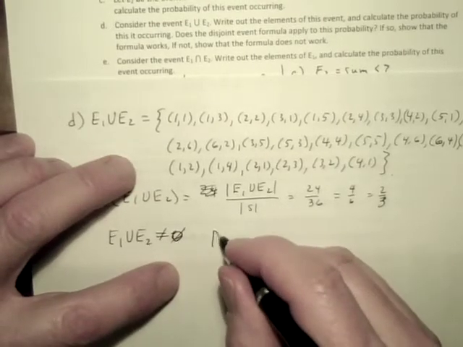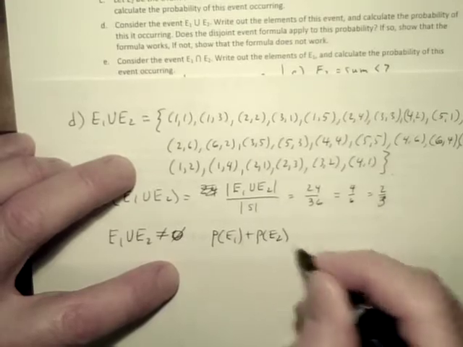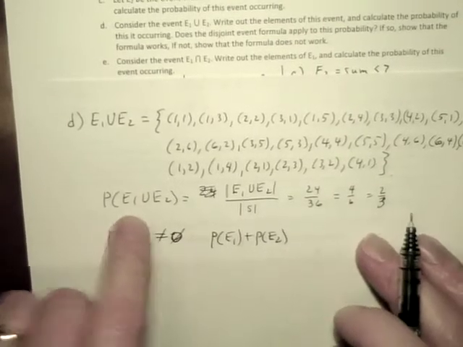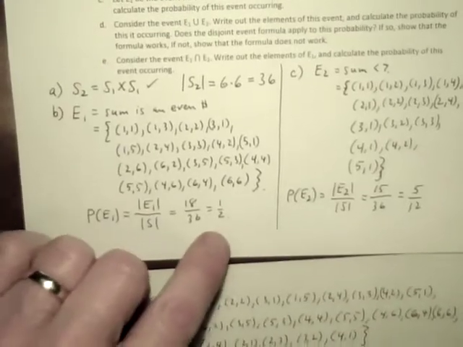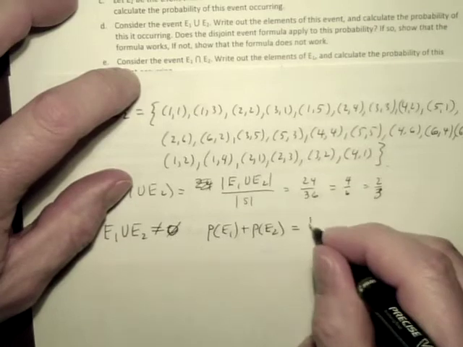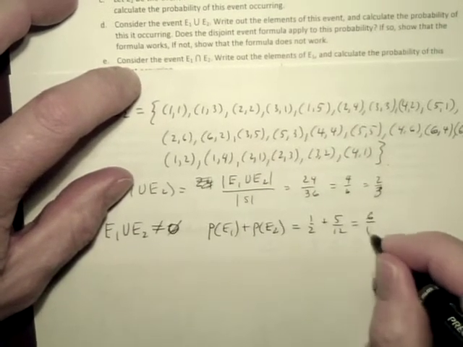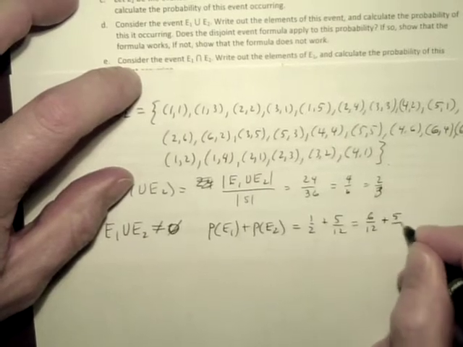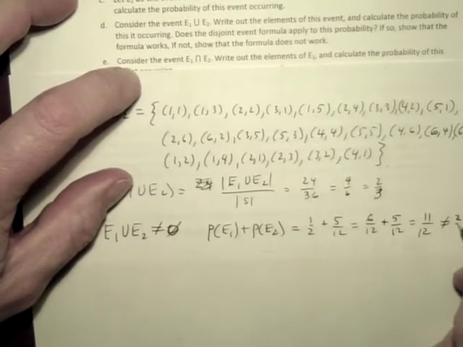And if I calculate the probability of E1 plus the probability of E2, we'll find that it does not equal the probability of the union. E1 and E2 have probabilities of 1/2 and 5/12, which is 6/12 and 5/12, which is 11/12, which is not equal to 2/3.